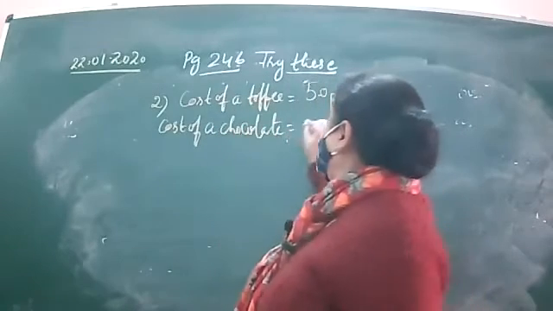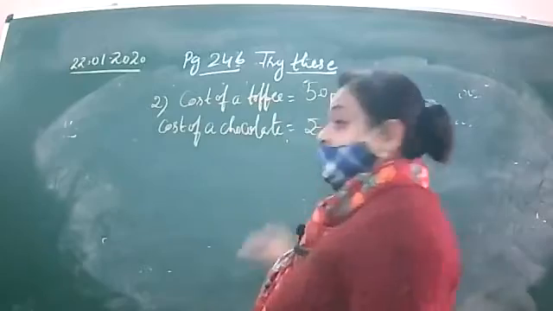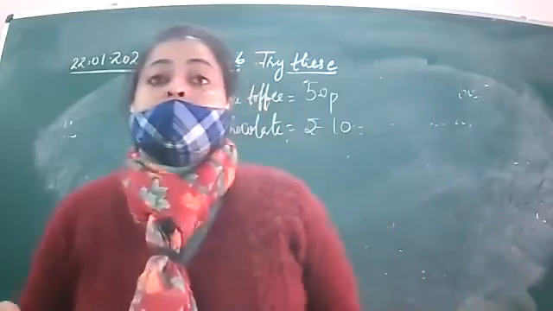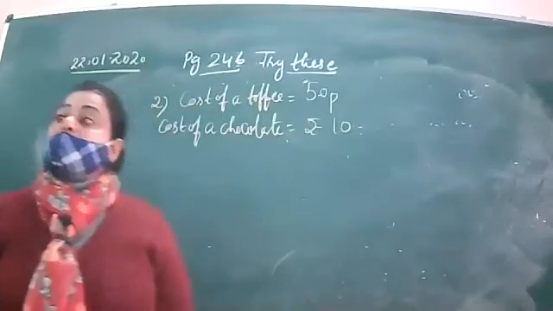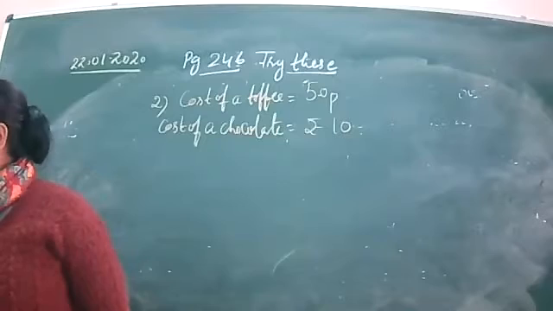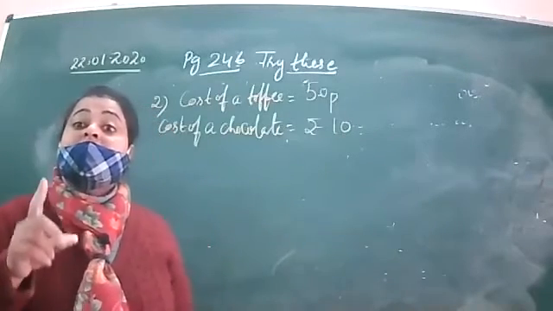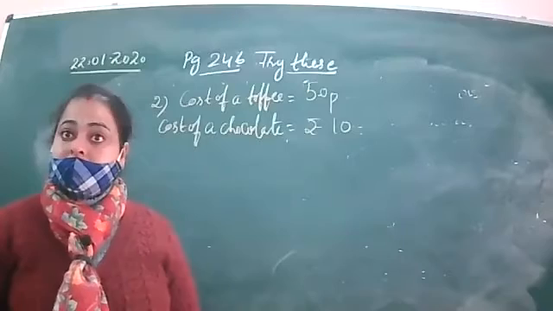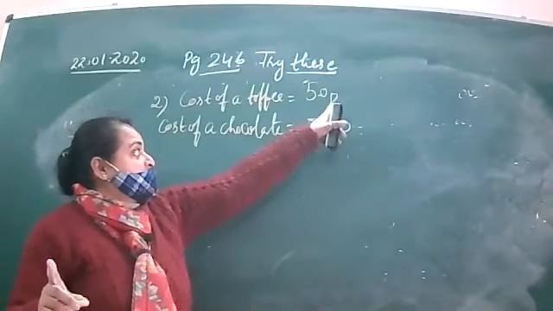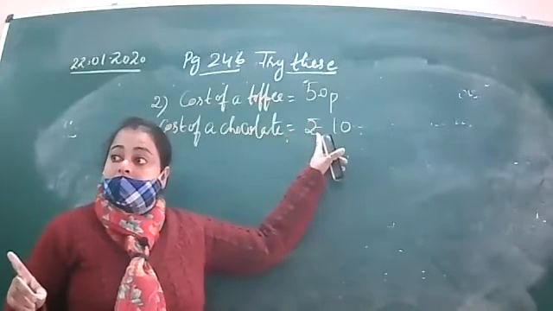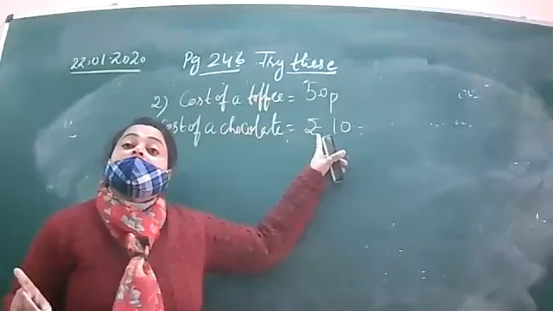What is given to you? Rupees 10. Now again in this question we have different units. This is paisa and this is rupees, different units.